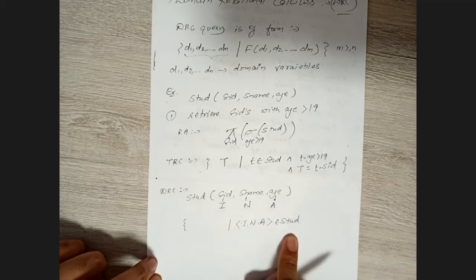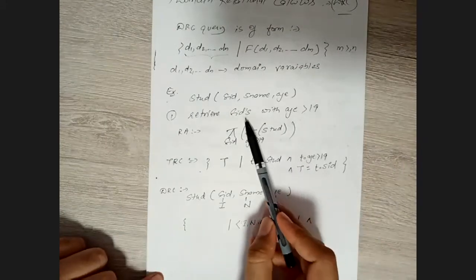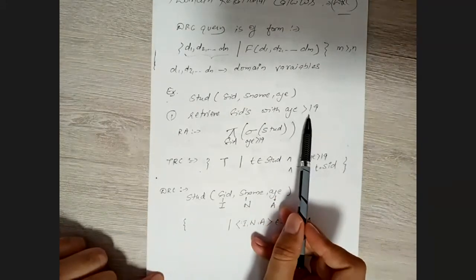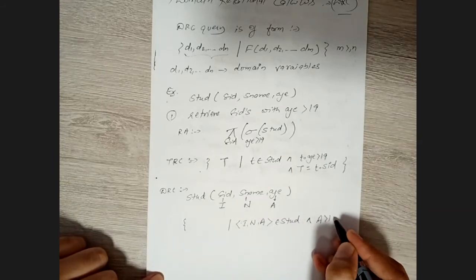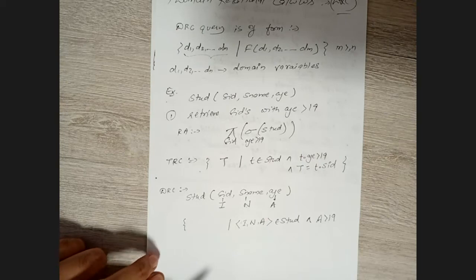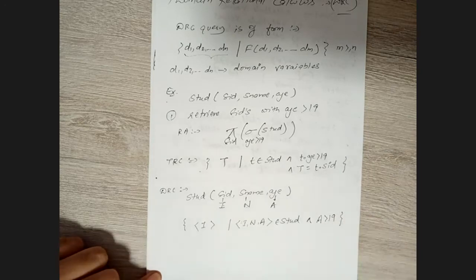Our query was to retrieve those SIDs whose age is greater than 19. Age is pointed to by A, so A greater than 19. And what we want is SID, that is I, so I can write I here. This is my DRC query. Quite easy, yes or no?